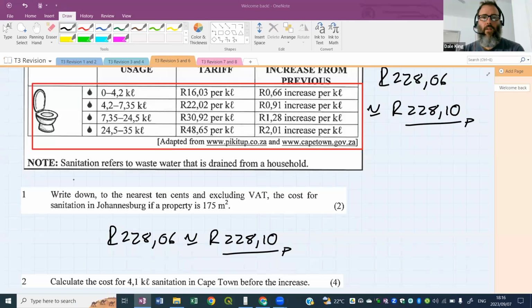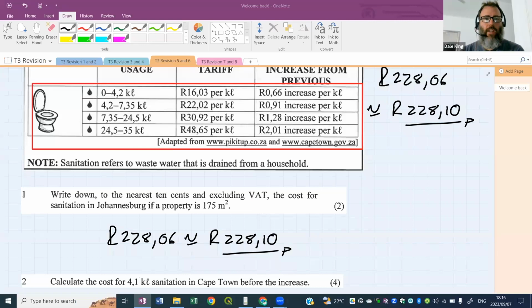Okay, and then what are you going to do with that? And then you need to multiply it by one of the tariffs there. You need to multiply it by 16.03. I'm not sure.